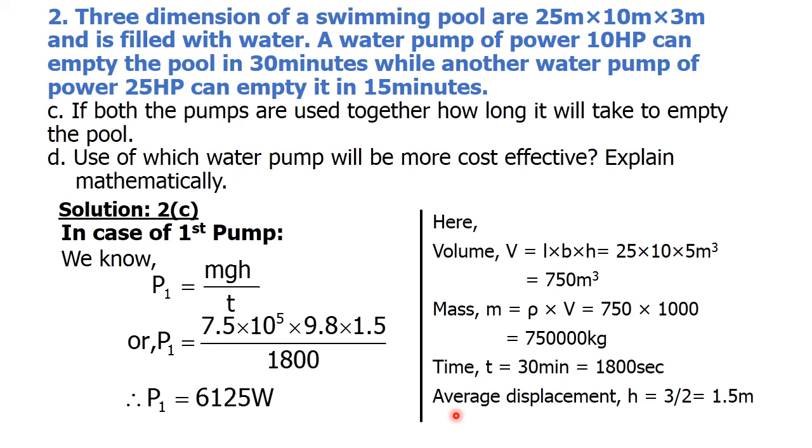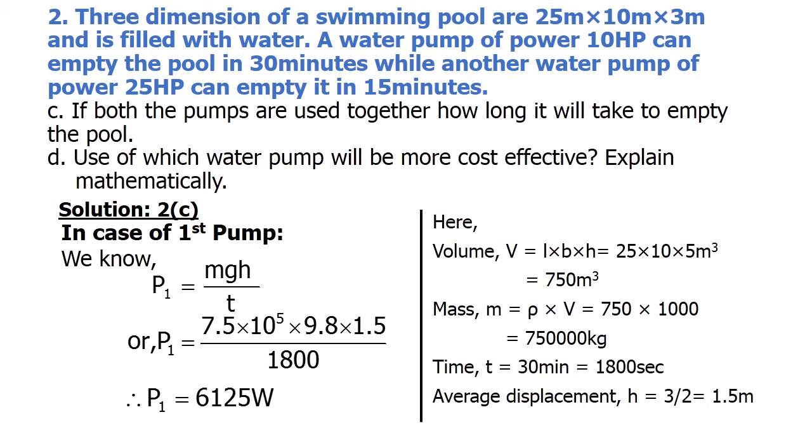And now the important thing is to calculate the average displacement of water. The depth of the water is given as 3 meter, and we have to empty the whole amount of water from the swimming pool, so we have to calculate the average displacement. The formula of average displacement is H equals the depth of the water by 2. Depth of the water is 3, and we'll get the average displacement 1.5 meter.